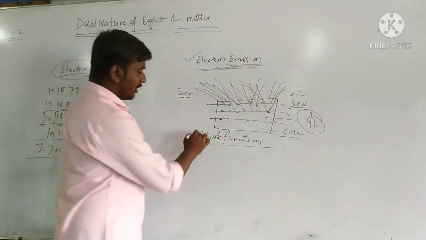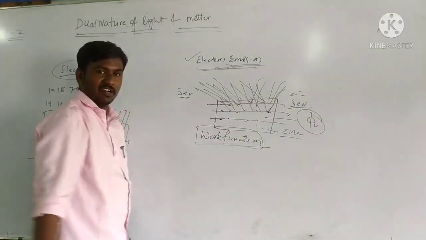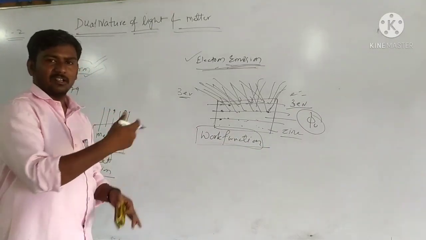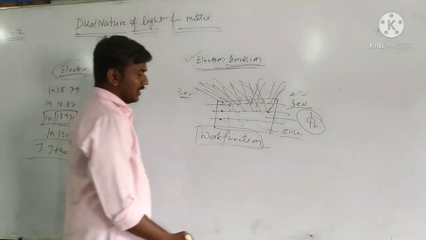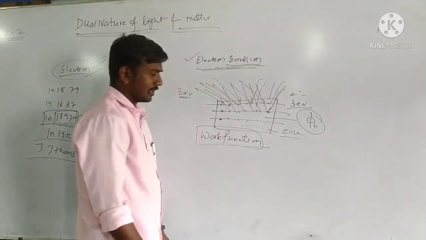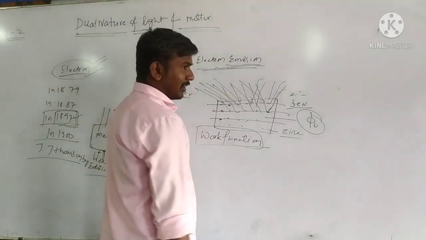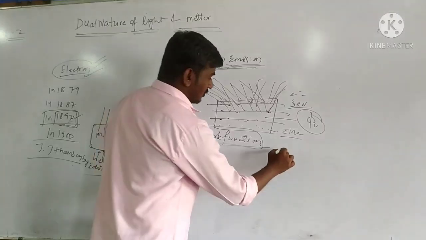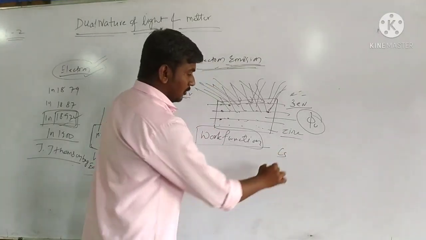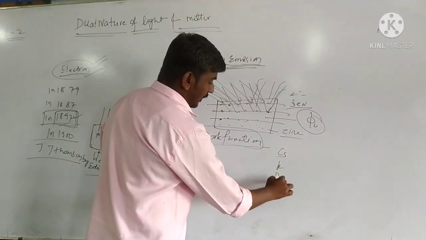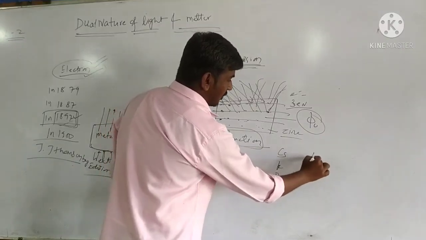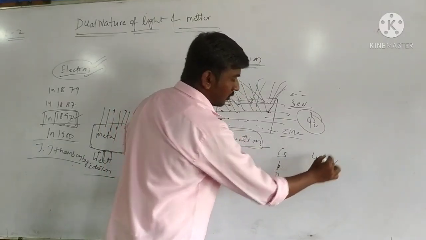Okay, so work function is different for different photosensitive materials. यहाँ पे देखना work function is different for cesium atom, potassium, rubidium, like this. So cesium atom के लिए 4.12 इलेक्ट्रॉन वोल्ट होगा.